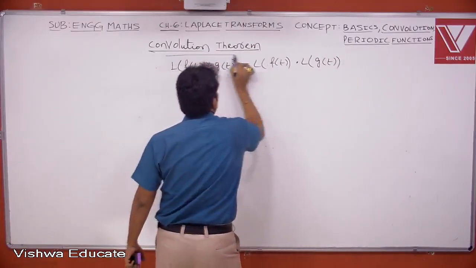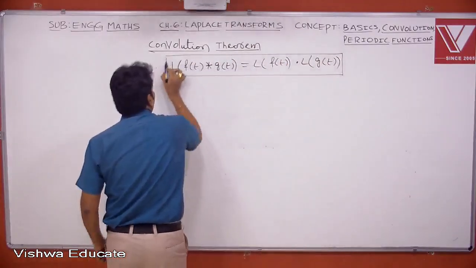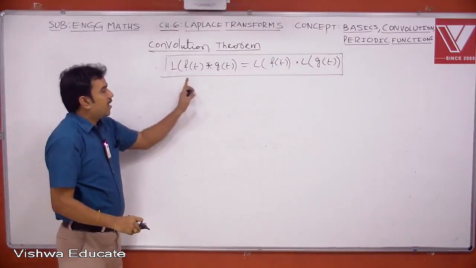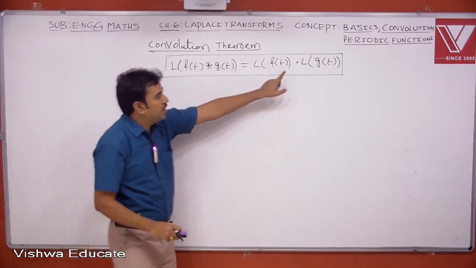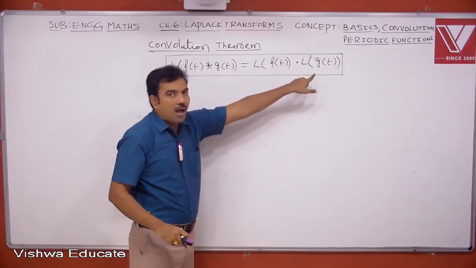That is, the Laplace transform of the convolution product of two functions is the product of their individual Laplace transforms.